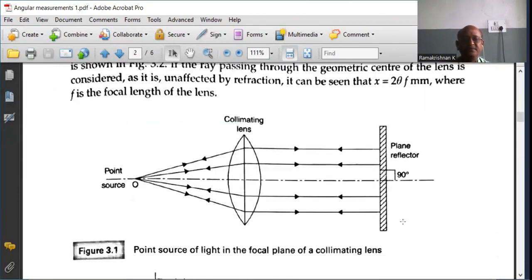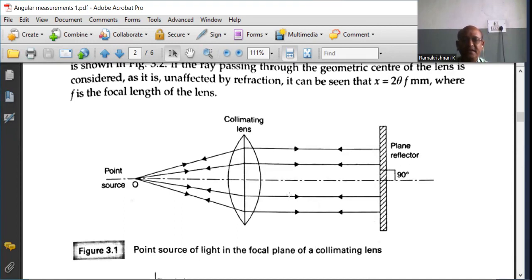Now look at the diagram. Here, one is the point source, that is the source of light. From the source, the light comes to the collimating lens. As you know, the collimating lens is used here to make the light beams parallel. After incidence on the collimating lens, all the incident rays become parallel beams.